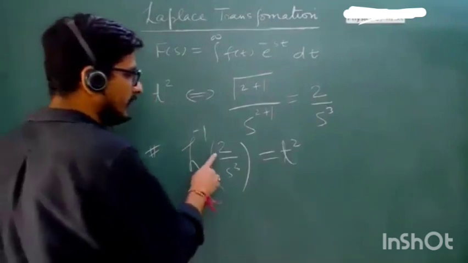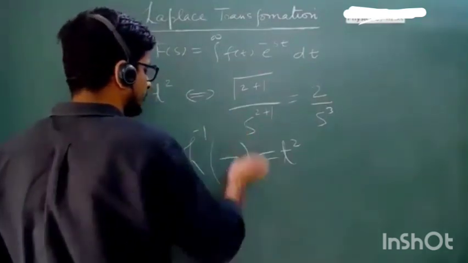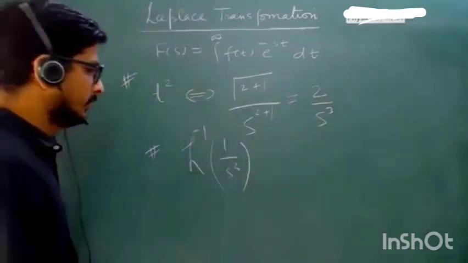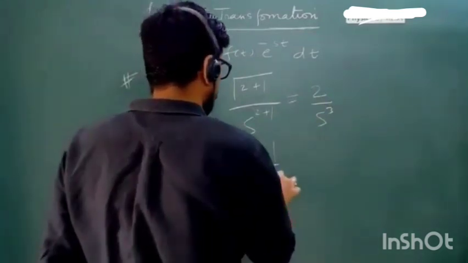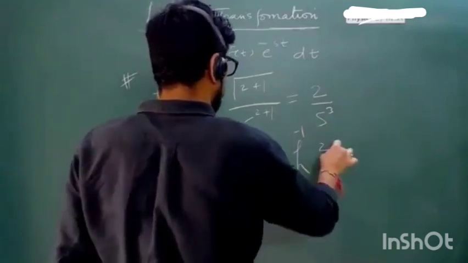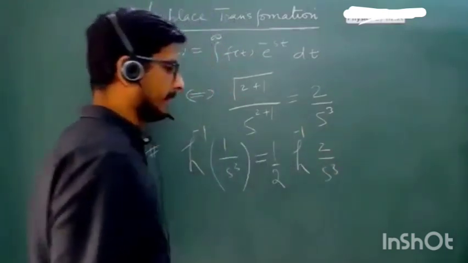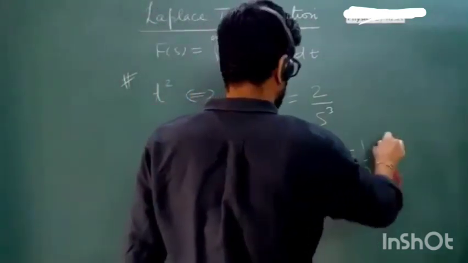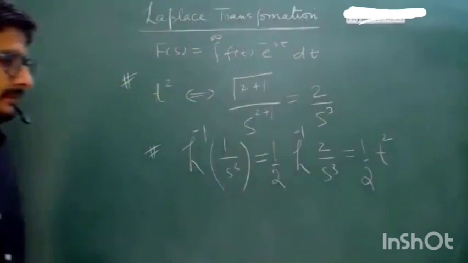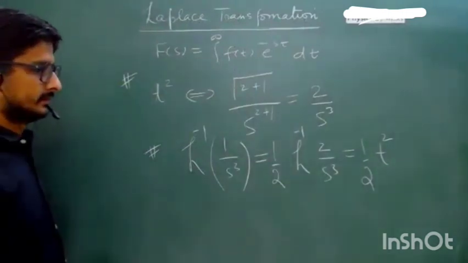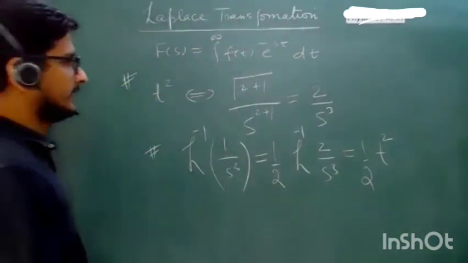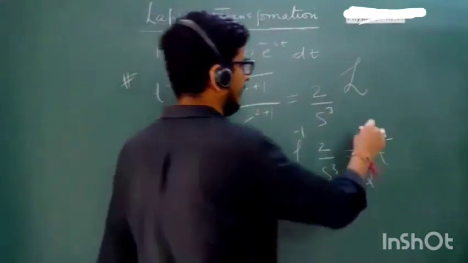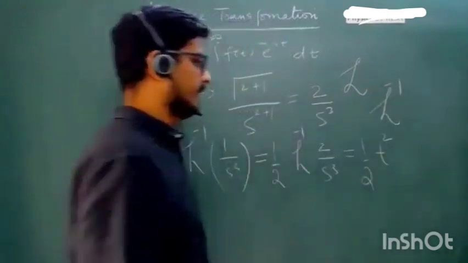And sometimes this 2 will not be given. Suppose somebody asks you 1 upon s cube, then what you will do? You will write it like this: 1 by 2 inverse Laplace of 2 by s cube. And it will become 1 by 2 into t square. Correct? So this is the symbol of Laplace and this is the symbol of inverse Laplace.